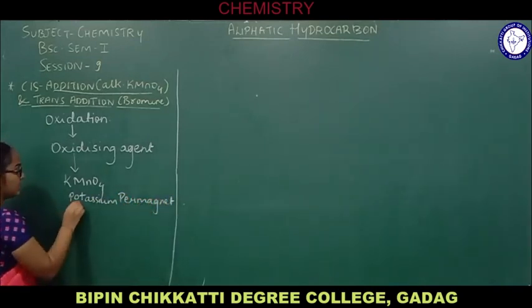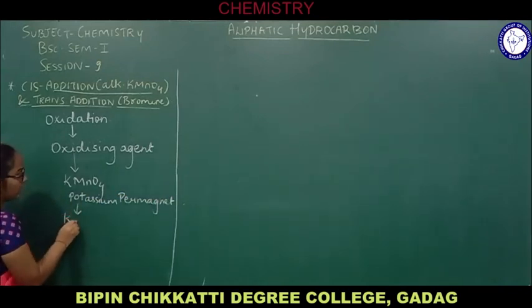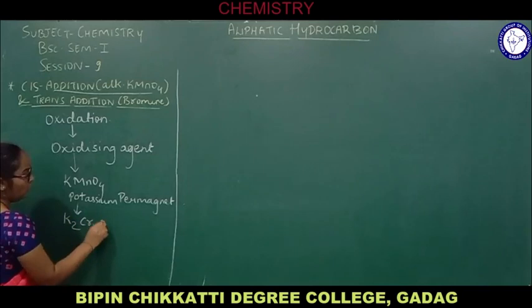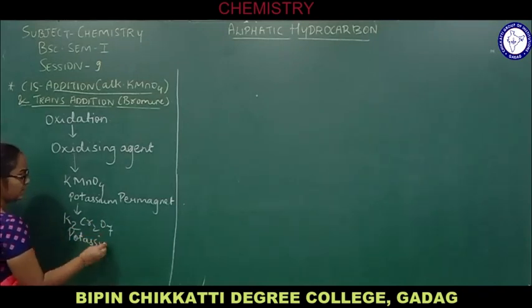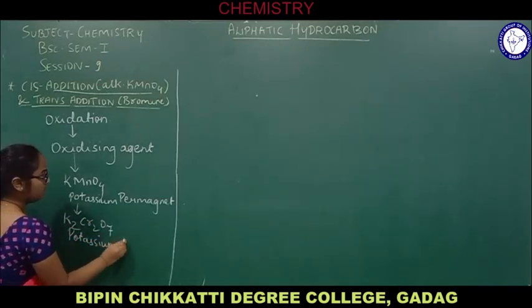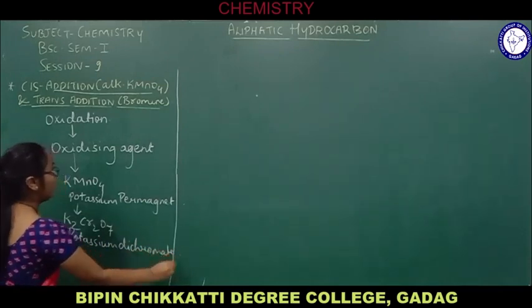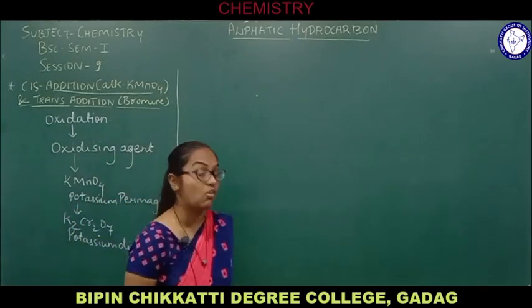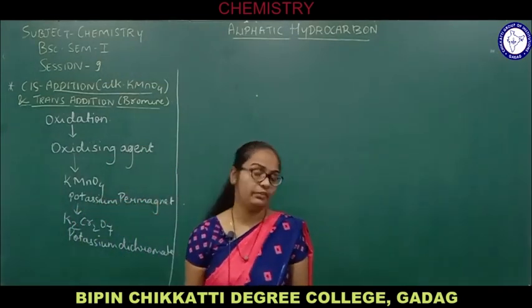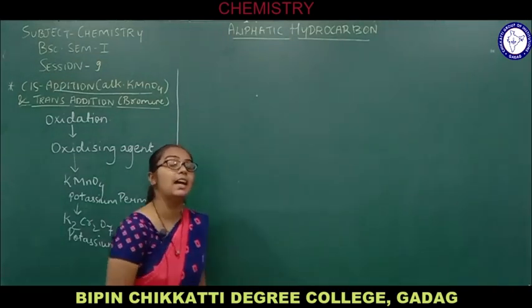Another oxidizing agent is K2Cr2O7, which is called potassium dichromate. These are the two important oxidizing agents which help to bring about the oxidation of olefin. Olefin means what? Olefin is basically an alkene.